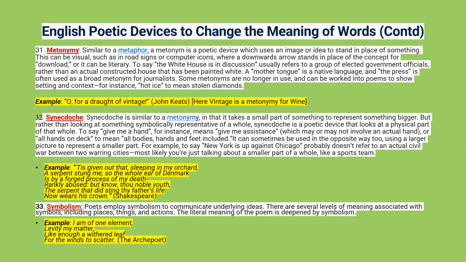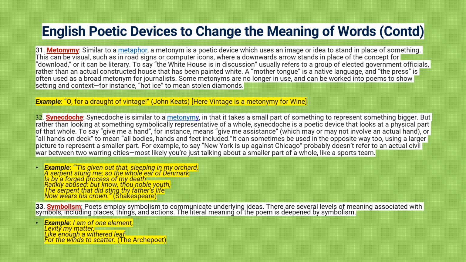Okay, for example, if I say the White House is in discussion, that means I'm referring to the officials of the White House, not the constructed White House. Okay. Second example, mother tongue is a native language. Third, the press is in action. By the press, we are referring to the journalists.